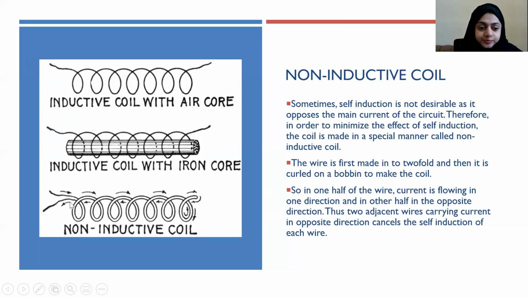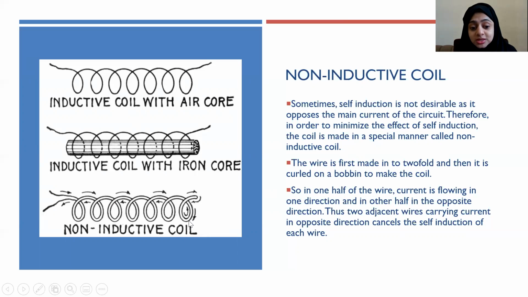Now here, in one half of this coil of wire, the current is flowing in one direction. And in the other half, the current is going in the opposite direction. There are two adjacent wires. Here you can see two adjacent wires carry current in opposite direction.